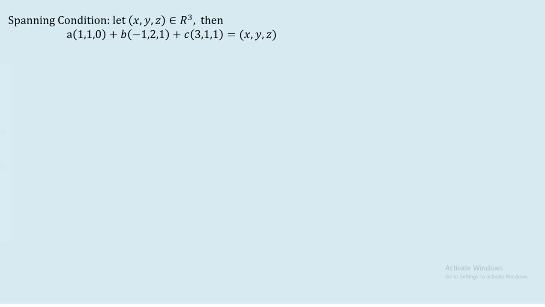What we need to do is determine a, b, c in terms of x, y, z, because x, y, z are components taken from R3. So we have to look for the case where we can solve a, b, c in terms of x, y, z. So when you add the left side, you will obtain a minus b plus 3c, a plus 2b plus c, b plus c, and the right side is (x, y, z).